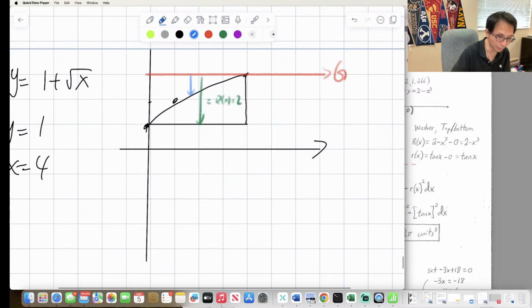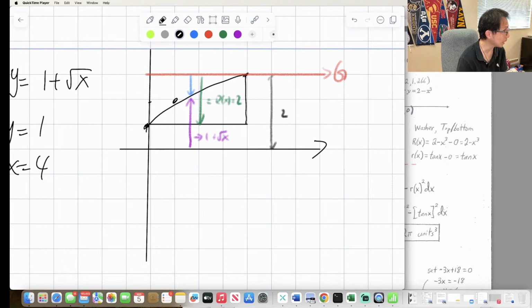But the first line, the blue line, is actually interesting because the function here is 1 plus root x, right? And the whole thing is 3. Oh, 3, sorry, I can't count. So how do I get the blue line? 3 minus 1 plus root x.